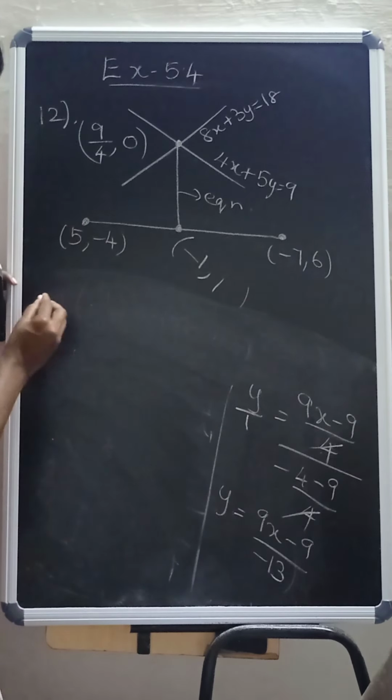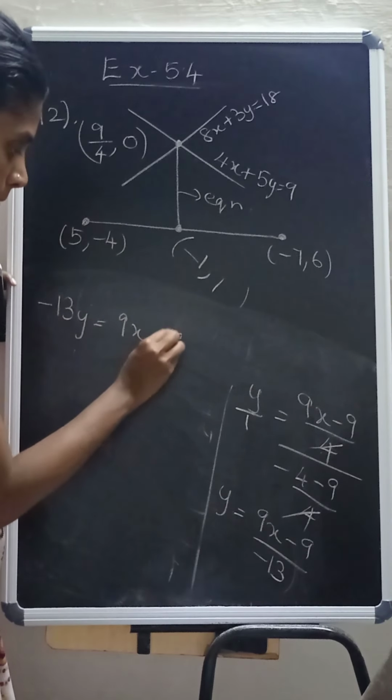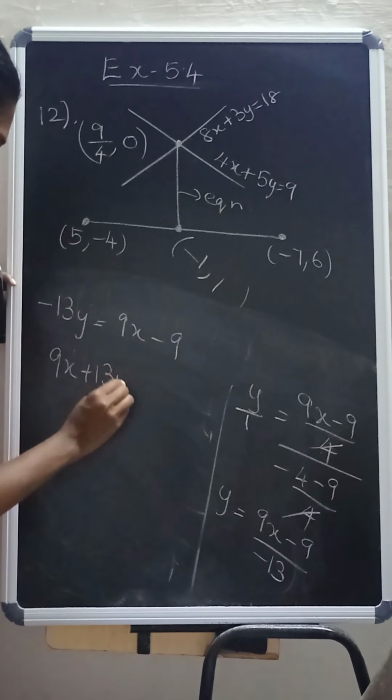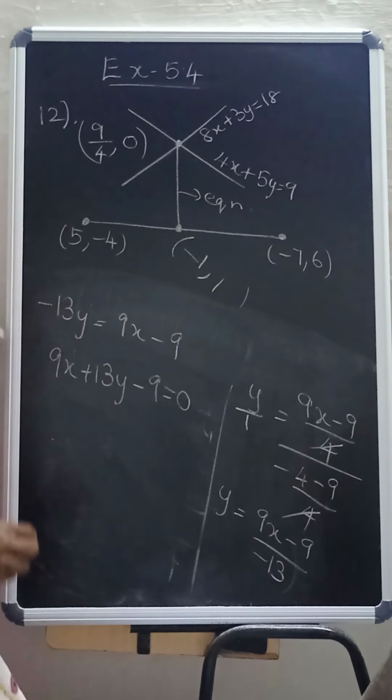So cross multiply. Bring this to the right side. 9x plus 13y minus 9 is equal to 0 is the equation of the required straight line.